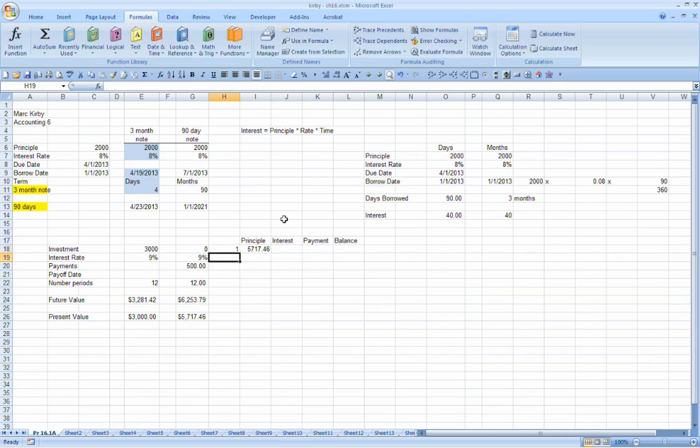So period 1, 2, 3, Excel's cool because I can take this and drag it down to 12, fill that in. So my interest on 5717 is plus the interest times, and I'm just going to do this on the fly here, 0.09 divided by 12, right? My interest rate modified for the number of periods, because it's monthly.